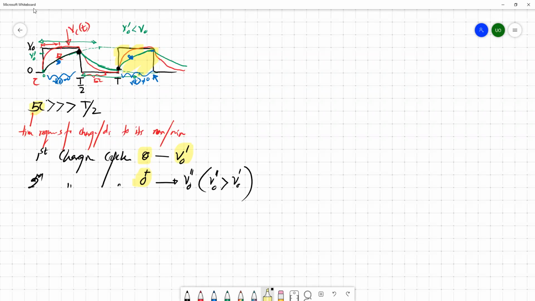So if the profiles are the same, this is the profile for the charging.